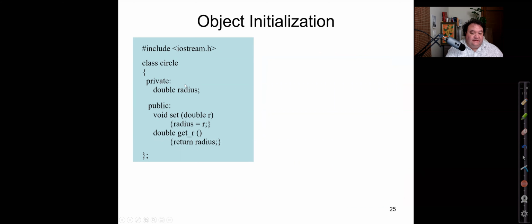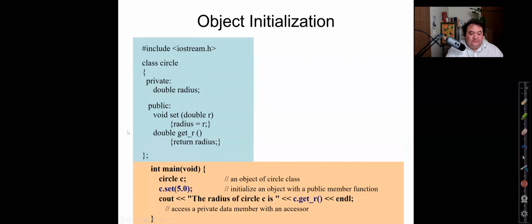So here is the proper way of doing a circle: private radius, and then we have both methods, now inline just for simplicity, set radius and get radius. And so then we can create a circle, set the value, and then print the value with a get function.